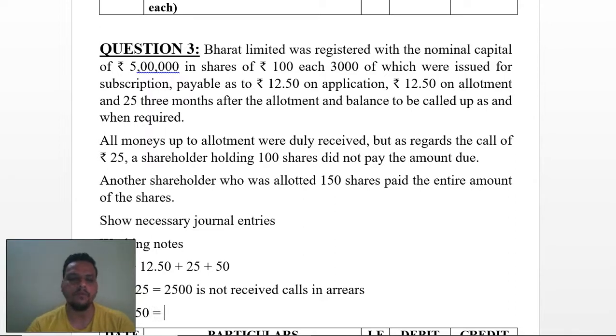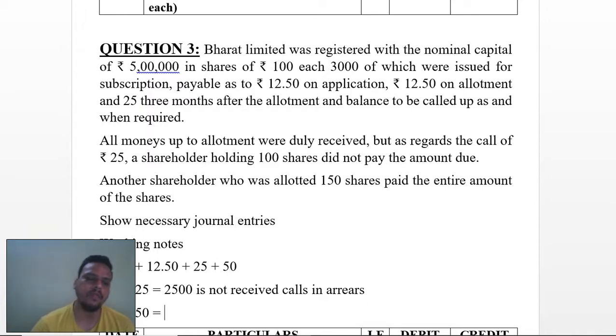Why 150 into 50? As you can see, he has paid the application money, then the allotment money of 12.50, then he also paid the first call, and the remaining amount, which is rupees 50, he is paying in advance.